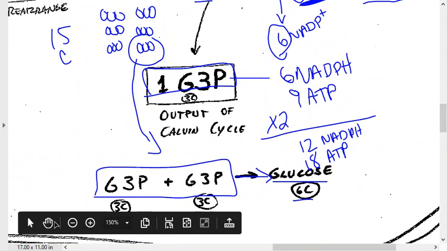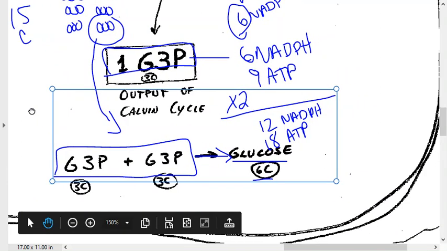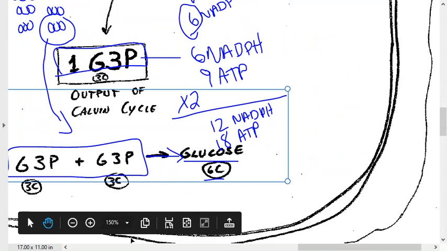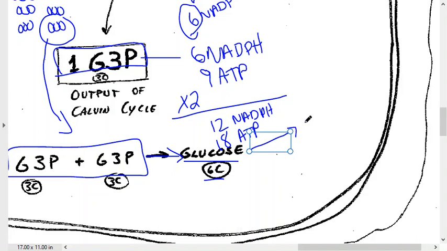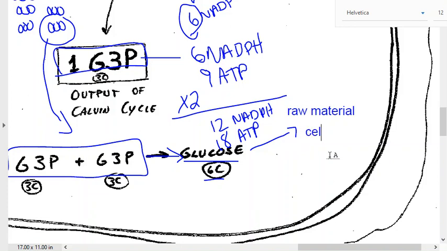And at this point, let's briefly talk about what cells do with glucose, because plants have mitochondria too, and they need to burn glucose for ATP themselves. So at this point, the glucose can be used as a raw material to do a variety of things. It can be used in cell respiration in the mitochondria.